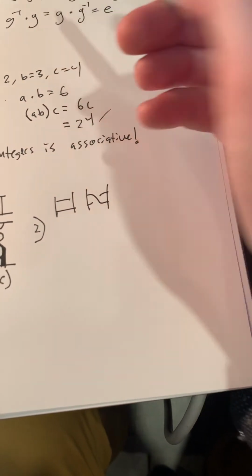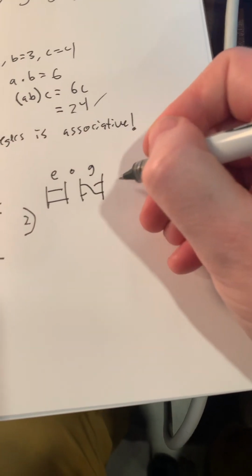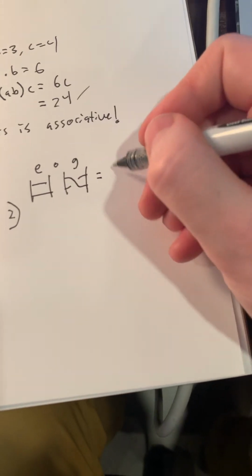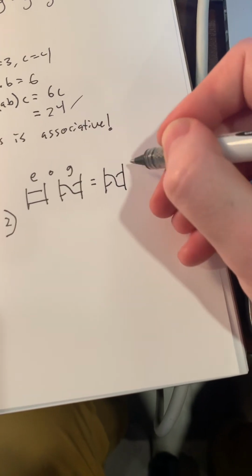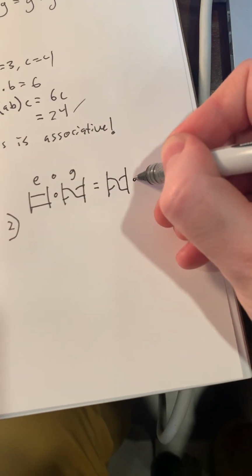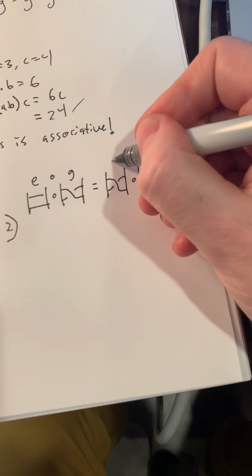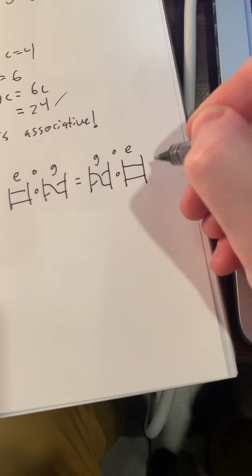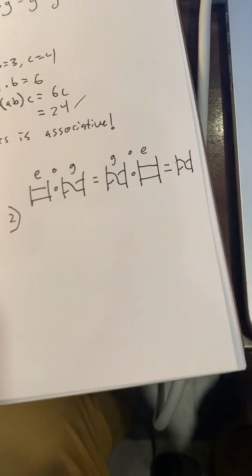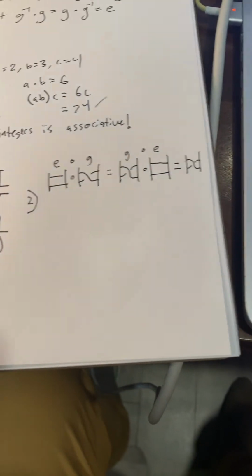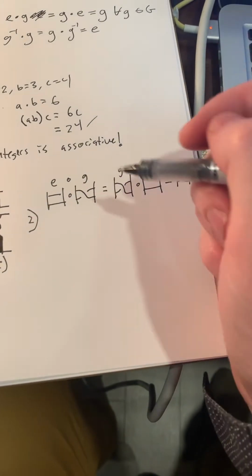So we're looking for E dot G. This is our E dot G, which equals G. And G dot E, which also equals G. Nice and straightforward. So from this, clearly we have our second quality all sorted out.